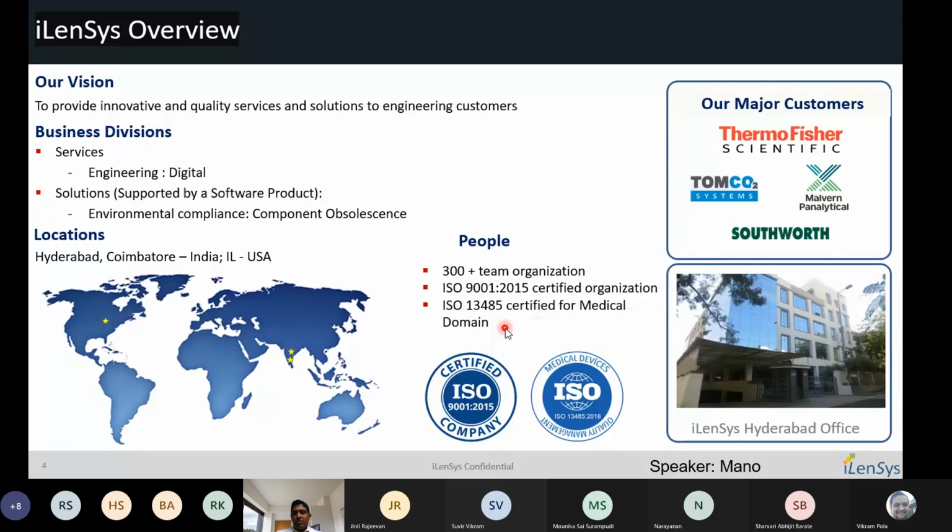You can see some of our major customers listed here, and at the bottom is our Hyderabad office. So this is a brief on our company, iLenSys. We can move on to the next slide.